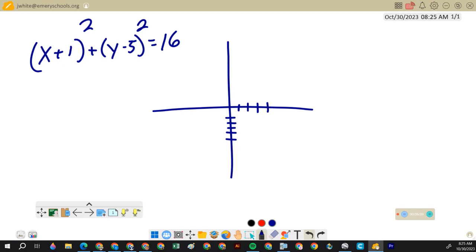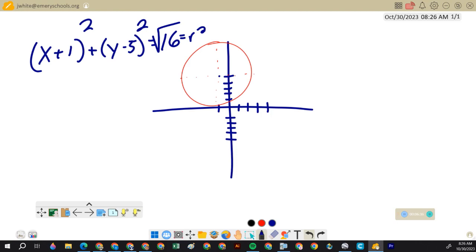So if I put the center at negative 1, 5, right there, and how big is the circle? What's its radius? Not 8, 4. Because remember, 16 is equal to r squared. So we need to take the square root. So we go like that.